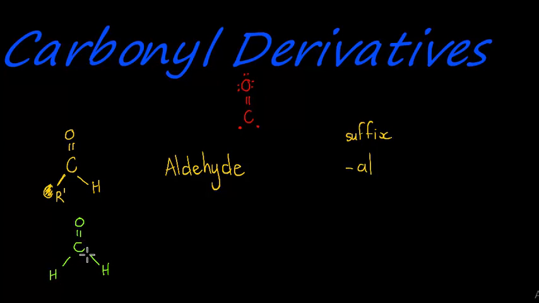The point is that the carbon has at least 1 hydrogen bonded to it. That would make it an aldehyde. Got at least 1 hydrogen bonded to my carbon, and that would make it an aldehyde. And now this thing is called methanal, because there's 1 carbon.